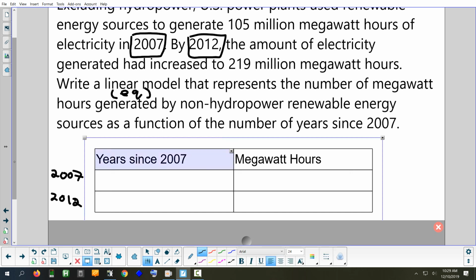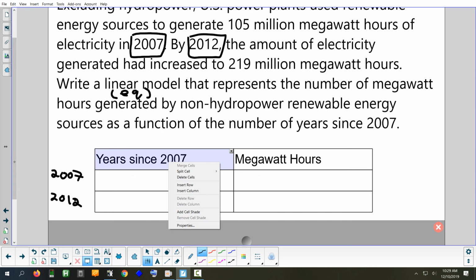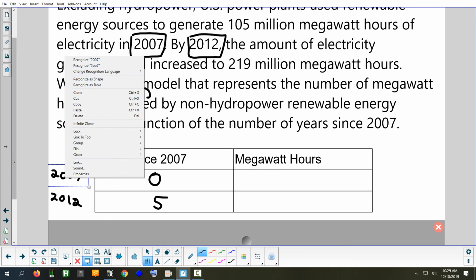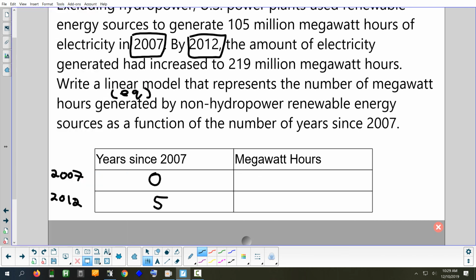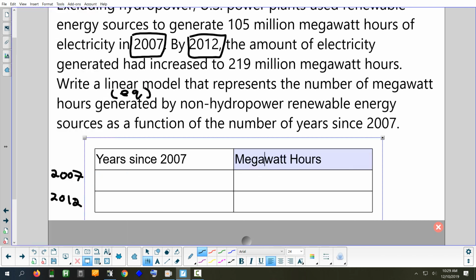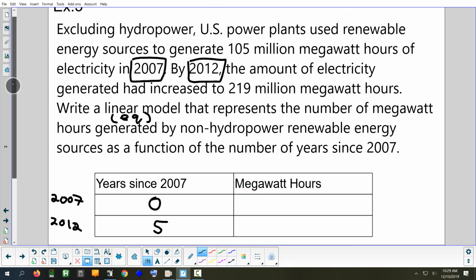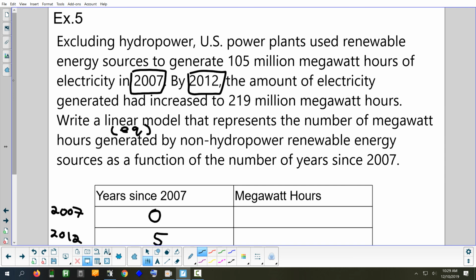Those are the 2 years they mention. How many years since 2007 is 2007? 0. How many years since 2007 is 2012? 5. Now, for 2007, do they tell me how many megawatts they made? 105 million in 2007.